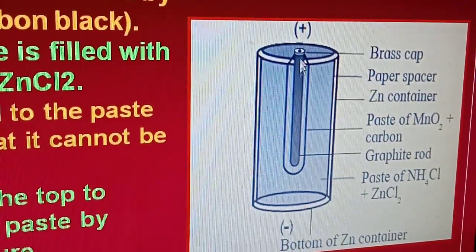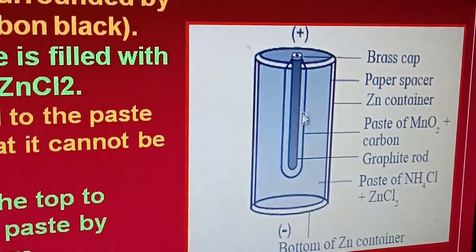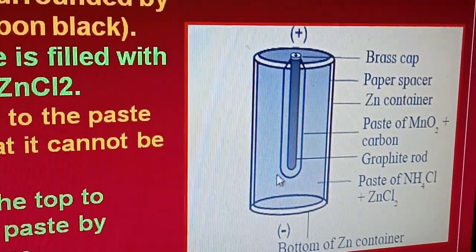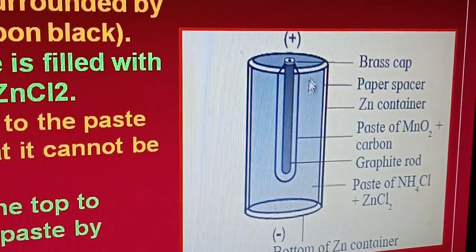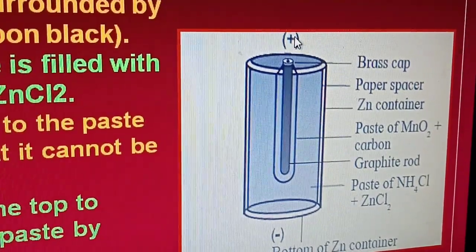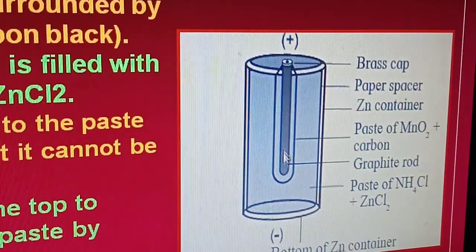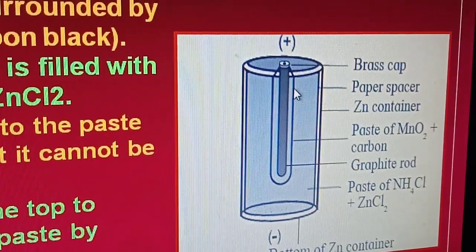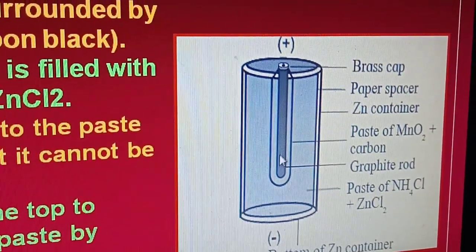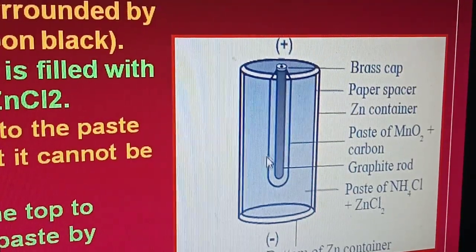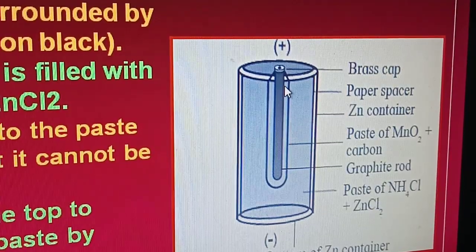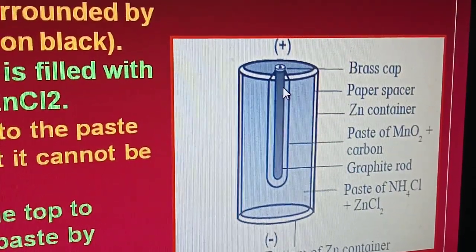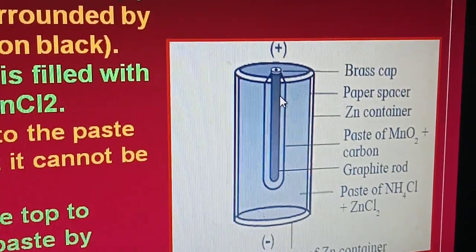Then in the center you can find a graphite or carbon rod placed in the same container. It will be connected to the positive terminal, so it serves as a cathode. This graphite rod is surrounded by a paste of manganese dioxide and carbon black.